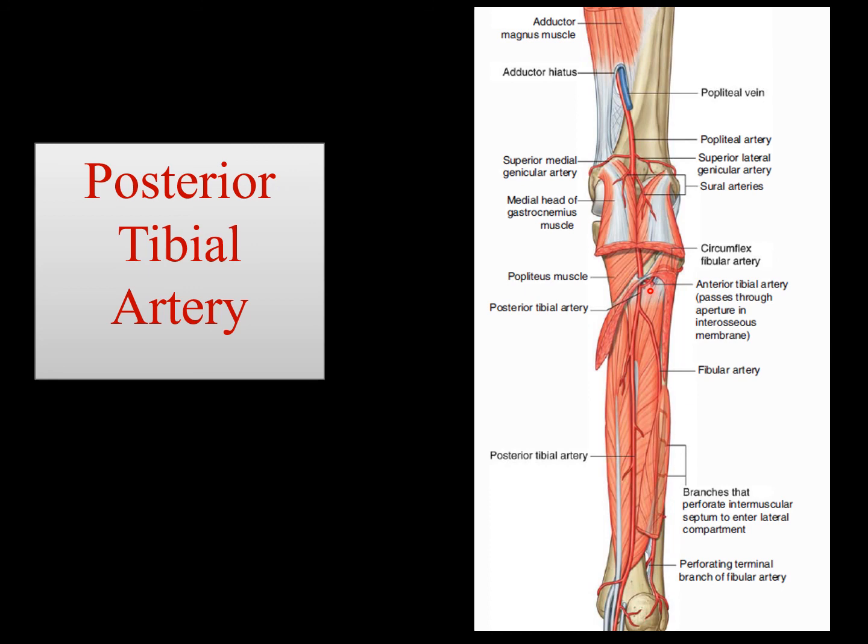And posterior tibial artery, which is the major artery of the posterior compartment, moves along the tibial nerve between the superficial and deep groups and supplies the muscles and bony structure of the leg, and it gives a very important artery just after its origin that is known as fibular or peroneal artery, which runs laterally and basically gives supply to the lateral compartment muscles.